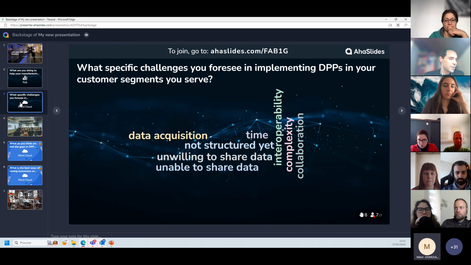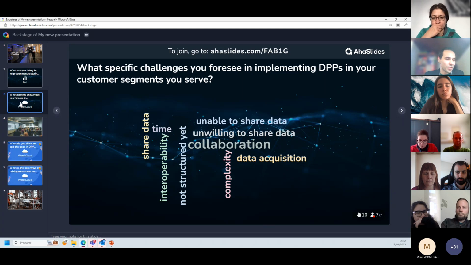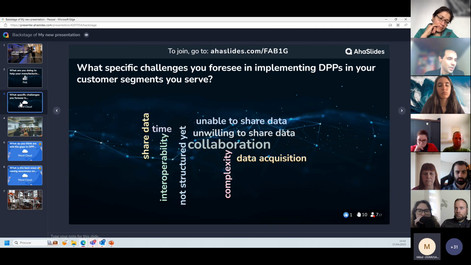So, data acquisition as a challenge. Time not structured yet. Okay, this is all changing, which makes it difficult to read. Unable to share data, unwilling to share data. That is an important concern, because much of this approach means that the partners have to collaborate while competing, and these are contradictory topics that have to be managed.